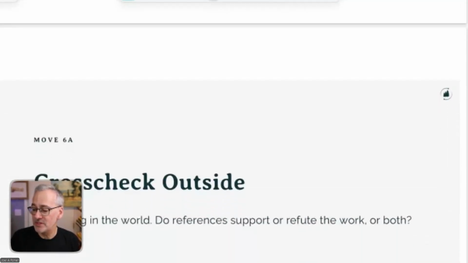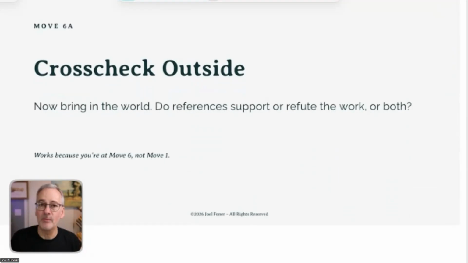And then move 6, and this one is, I think, something that very few people do. Dan, this is sort of an answer to your point: ask it to use outside world validation to prove or disprove the work.